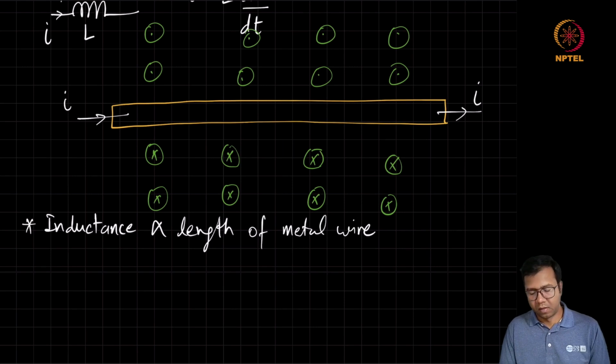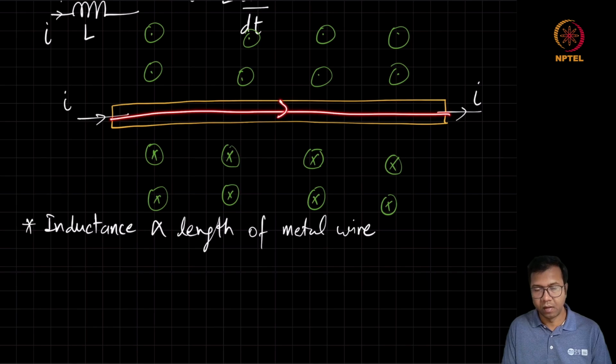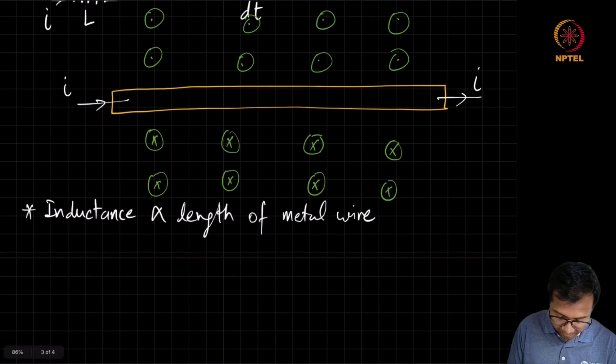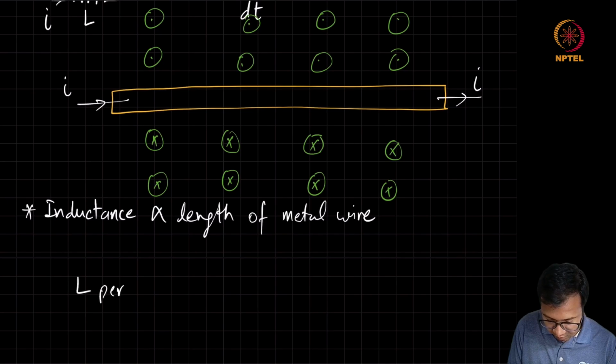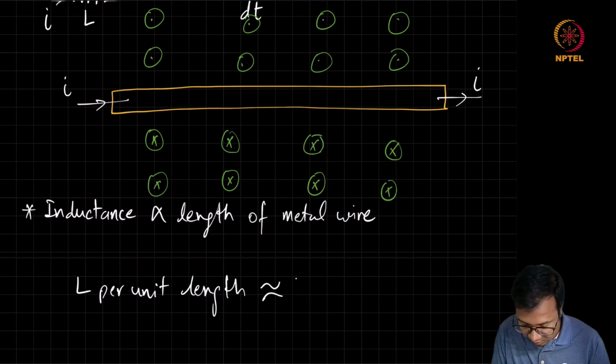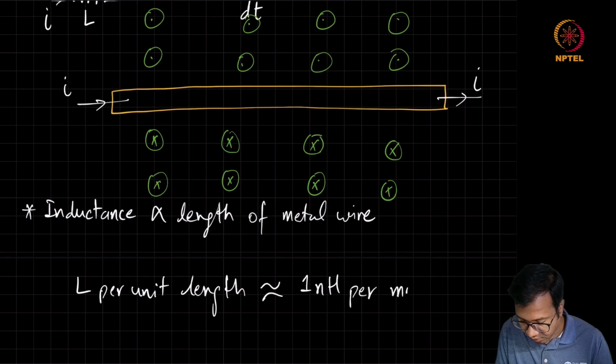If we take an idealized situation where we have a metal wire, the metal wire is really thin, and the return path is not visible, in such a scenario we'll find that the inductance per unit length is approximately equal to 1 nanohenry per millimeter.